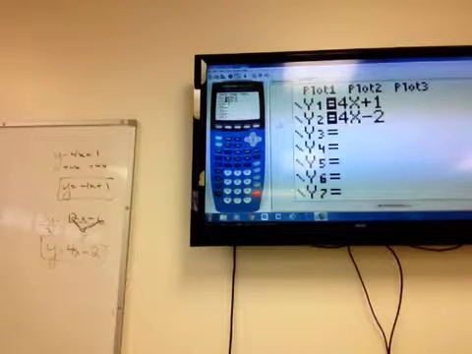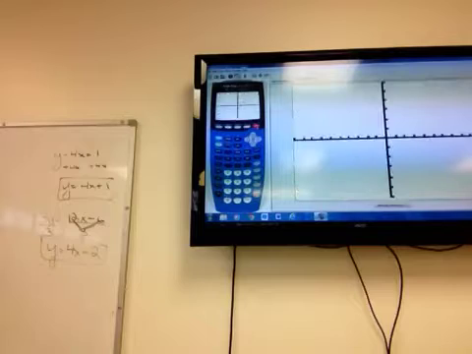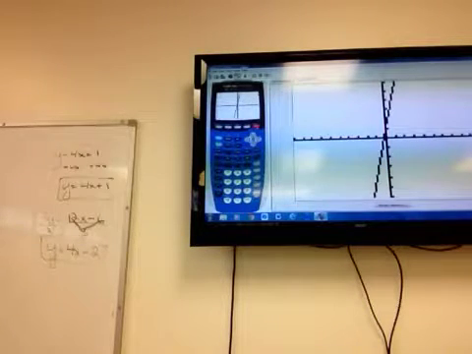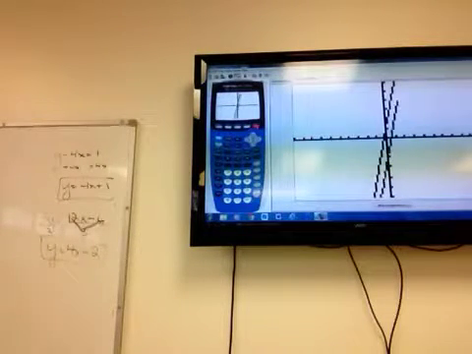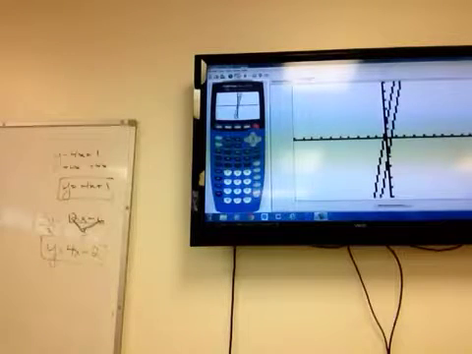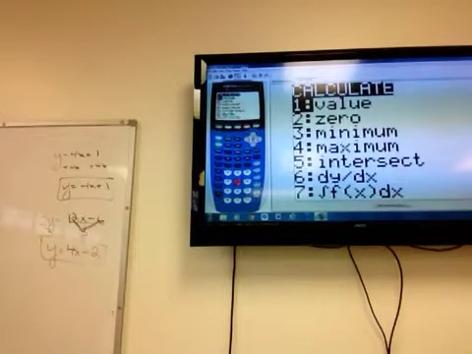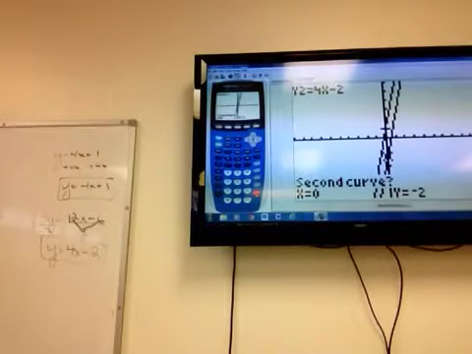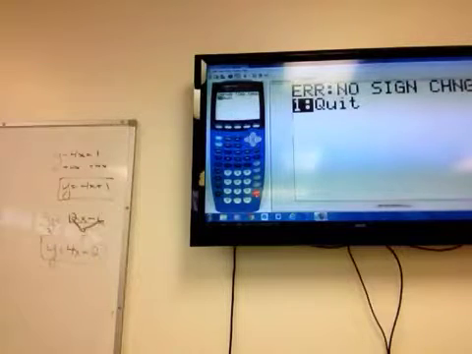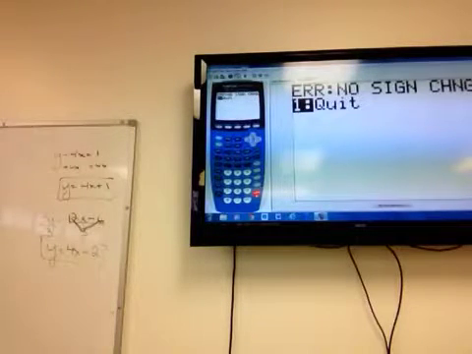Okay, so once we input our equations, we graph. And when you go to calculate, second trace, calculate a point of intersection, I get an error message that says no sign change.